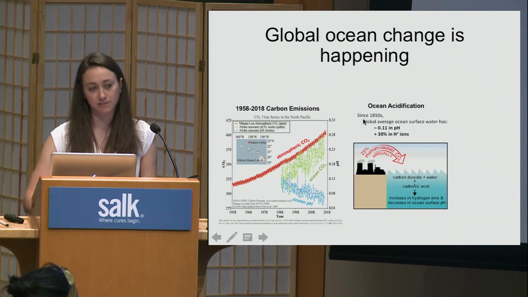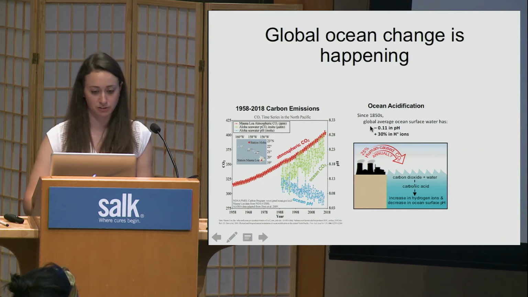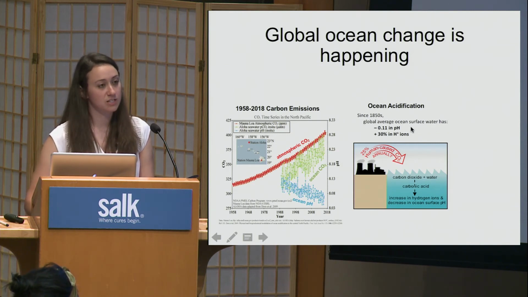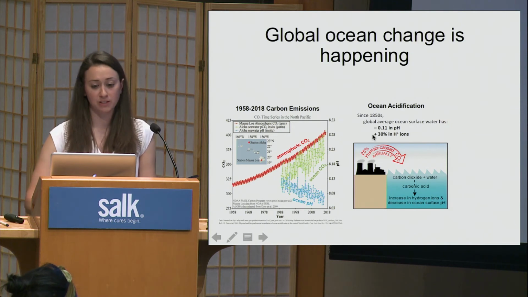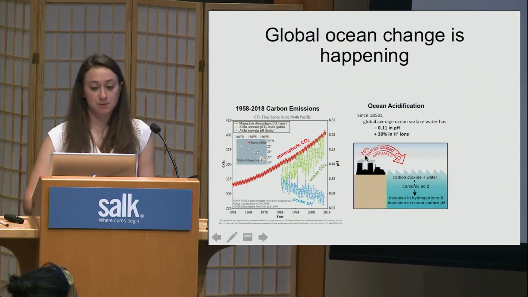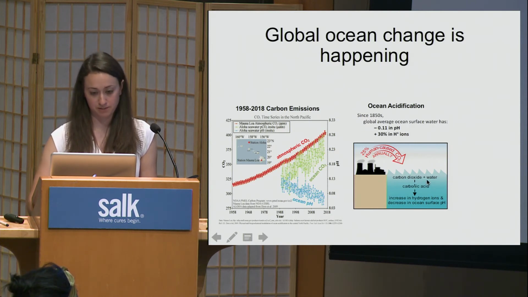Since the 1850s, which was the beginning of the Industrial Revolution, global average ocean surface water has decreased 0.11 pH, which means a 30% increase in hydrogen ions. And that's because every year, 25% of human-caused carbon dioxide emissions gets absorbed by the ocean. And that makes more carbonic acid form, and that's what's causing this increase in hydrogen ions and decrease in ocean surface pH.